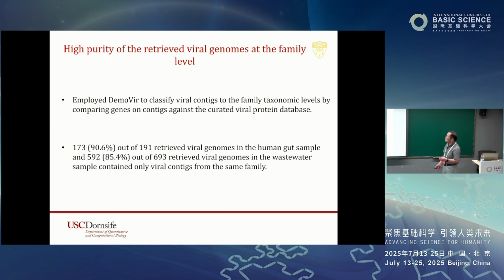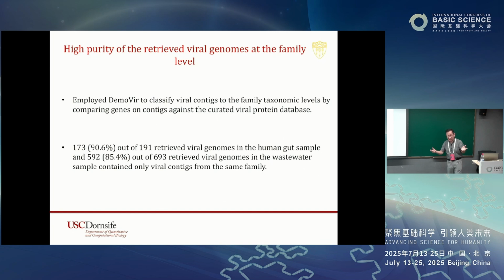Okay, so for viral genomes, we don't have a criteria for the contamination evaluation, but we try to develop another method to see whether the genomes we constructed are contaminated or not. For one cluster, we get all the protein sequences, and then we map them to the protein sequence database, and see whether they come from the same family or not.